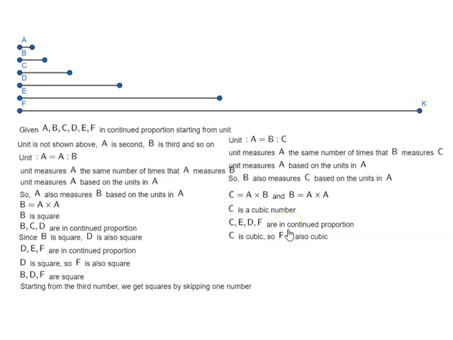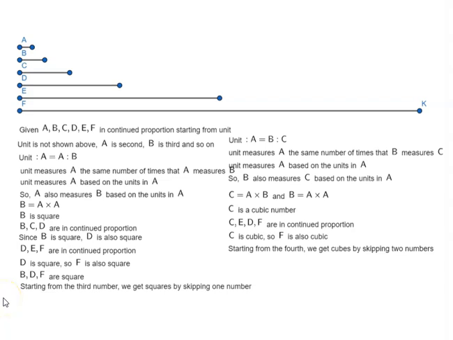That would have been in continued proportion. So there also, if F is a cube, then the last would also be a cube. So here again, starting from the 4th, we get cubes by skipping 2 numbers. So here we are skipping E and D. G, H if we skip, then I will also be a cube.